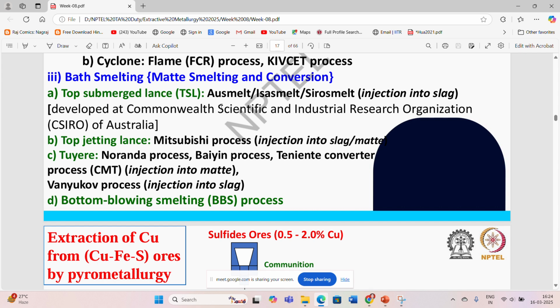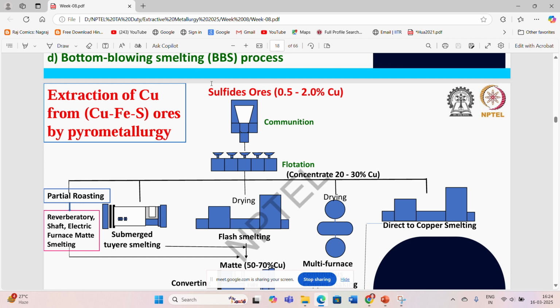Then top jetting lance, in which Japan developed the Mitsubishi process. Then the Tuyere process includes Noranda, Bain, and Tank converter processes. Then Vanyukov processes, and then bottom blowing smelting processes. So there are different types of processes generally used for the production of copper metal via pyrometallurgical operations.